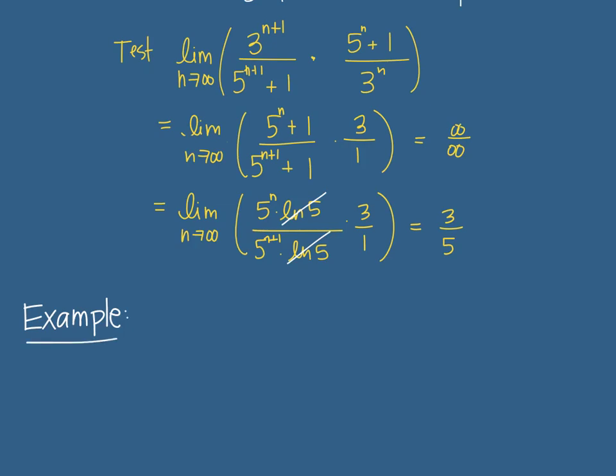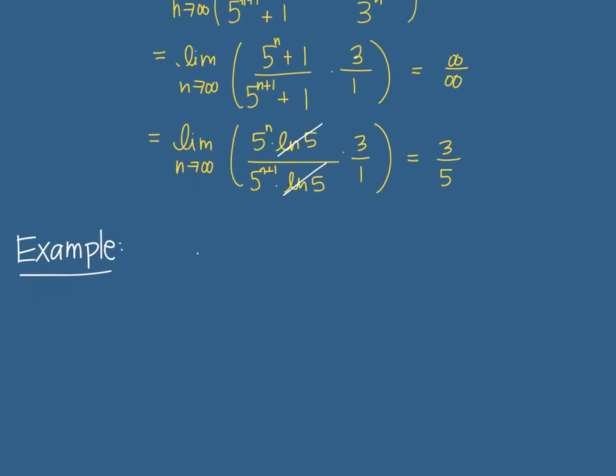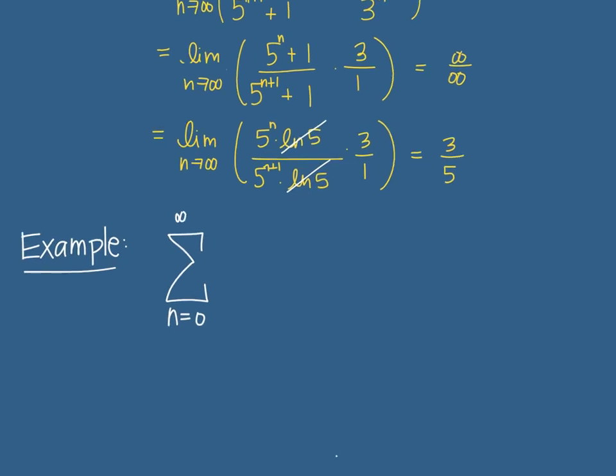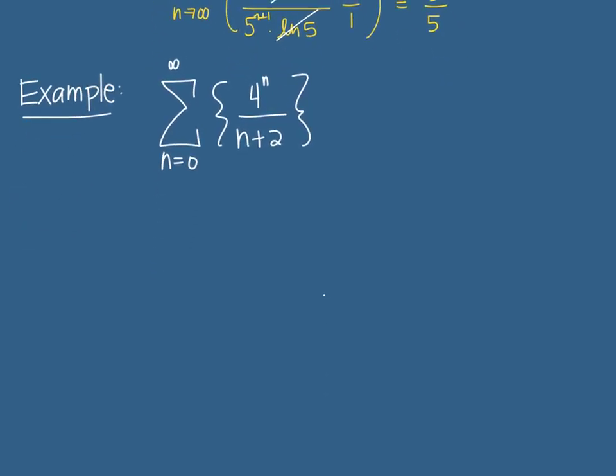Okay, my last one. All right, this series: 4 to the n over n plus 2. Okay, this has an exponential, and it's not geometric, which lends itself well to the ratio test.